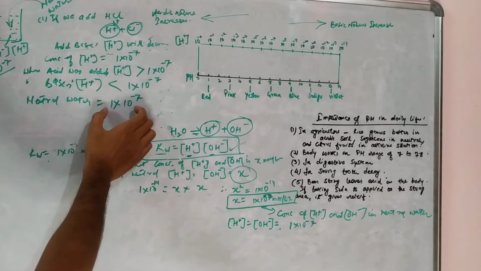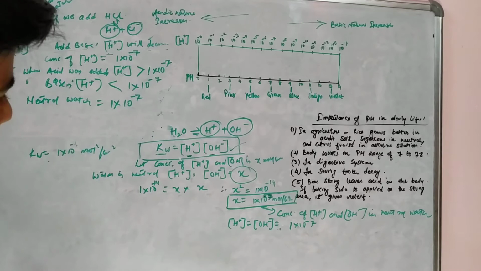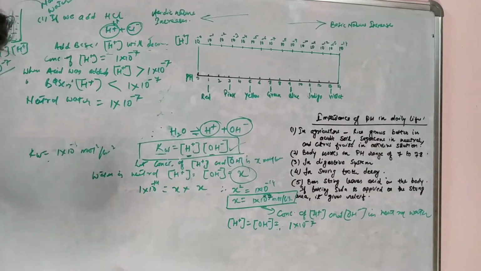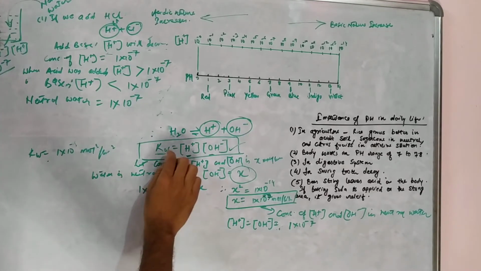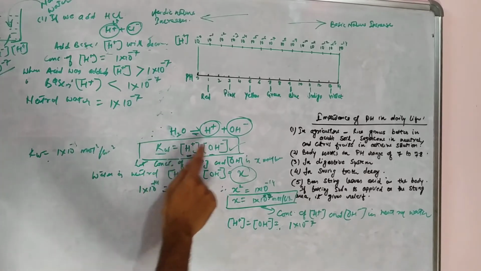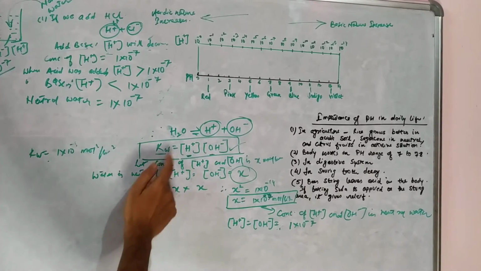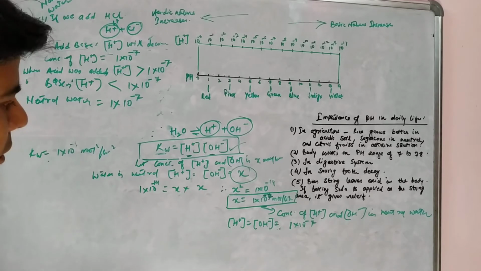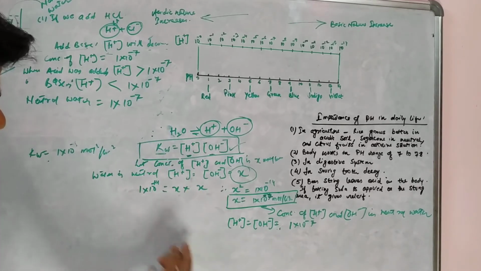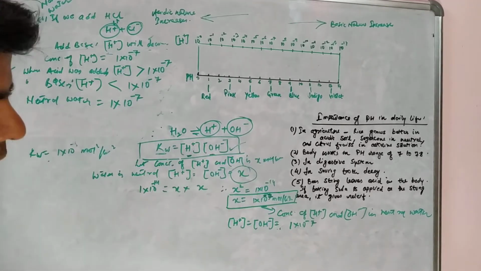And we know how we reached this value 1 into 10 to the power of minus 7: using the ionic product of water. The ionic product of water is the product of the concentration of hydrogen ions and hydroxyl ions, and the Kw value was calculated using experiments to be 1 into 10 to the power of minus 14.